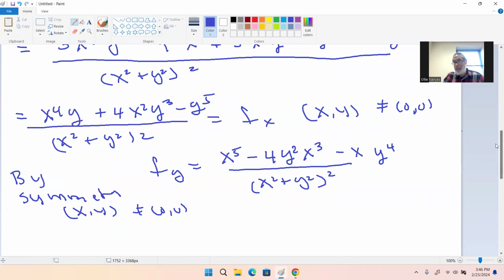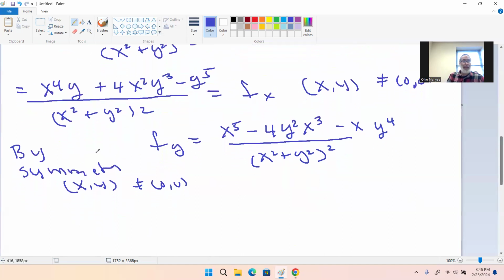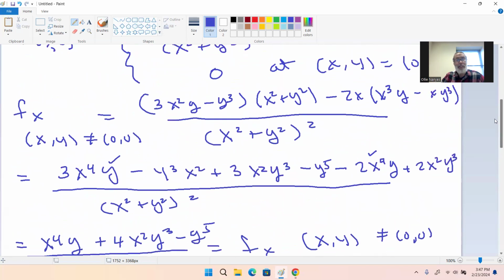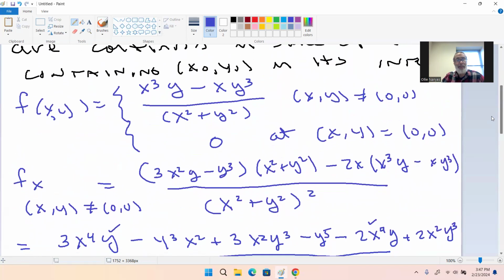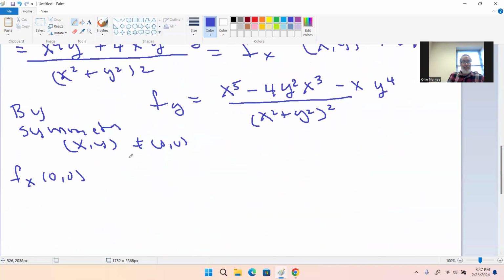Now, I think I should probably, just for good form, calculate the first partial at 0, 0. Now I'm going to go ahead and revert to that function there. This will be the limit as change in x goes to 0.